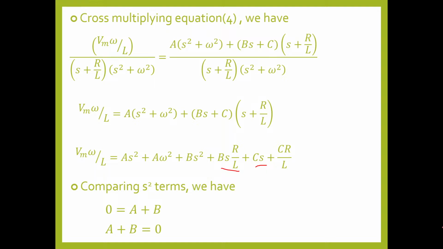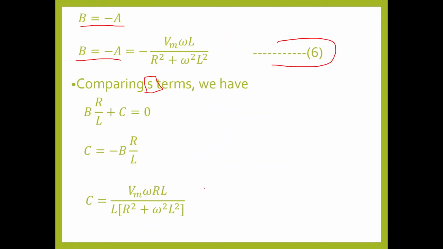If you compare the s terms, on the left side s terms are not there. So 0 is equal to b into R by L plus c. So b into R by L plus c is equal to 0, so c is equal to minus b R by L. We already know the expression for b. Substitute b, you will get c. So this is c.